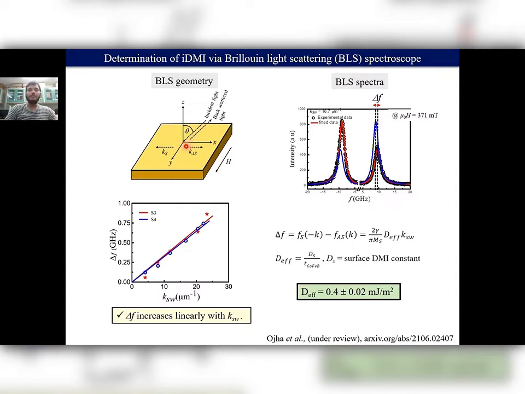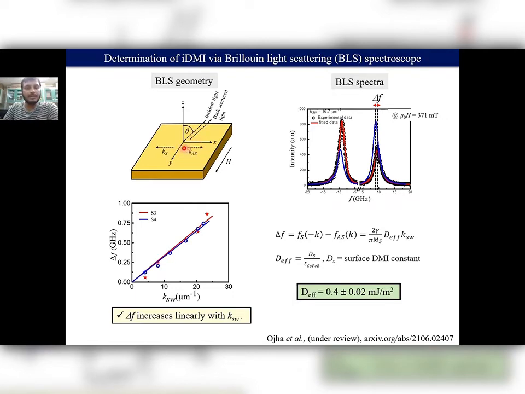The 180 degree backscattered photon passes through the Fabry-Perot interferometer and is finally collected by the detector. When the interaction happens between photon and magnon, Stokes and anti-Stokes lines are created in the BLS spectra to conserve the angular momentum.